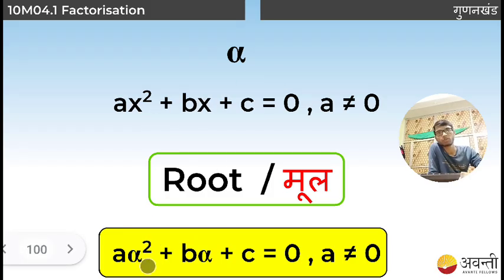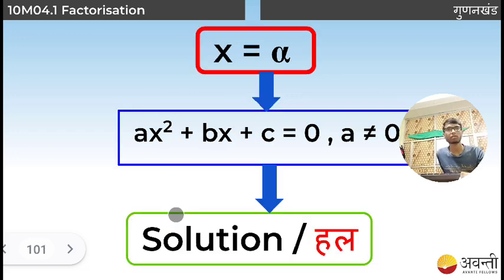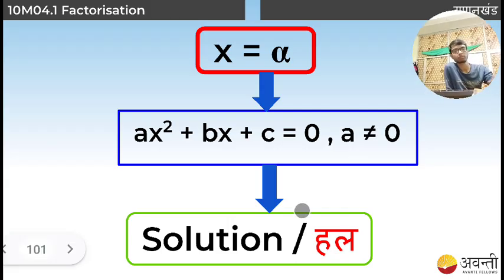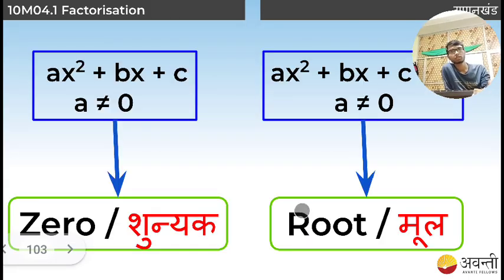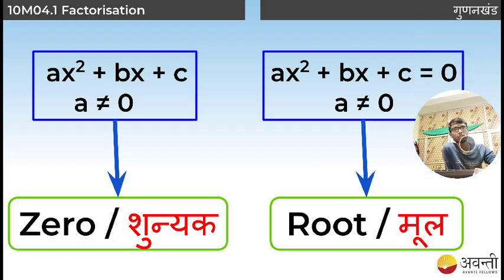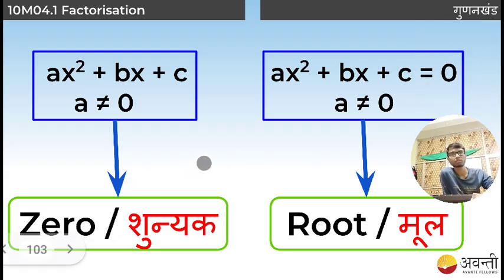Here x is alpha. This variable is alpha. X is equal to alpha. Now we took 0, then root. What's the difference between them? Nothing. Yes, here it is not equal to 0. This is not equal to 0. This is equal to 0.